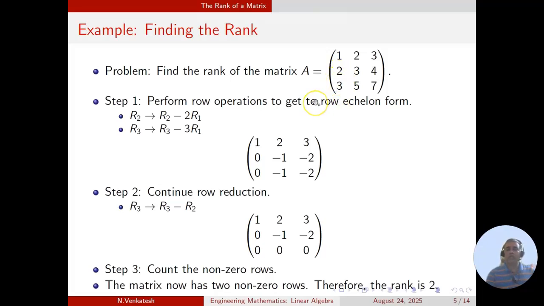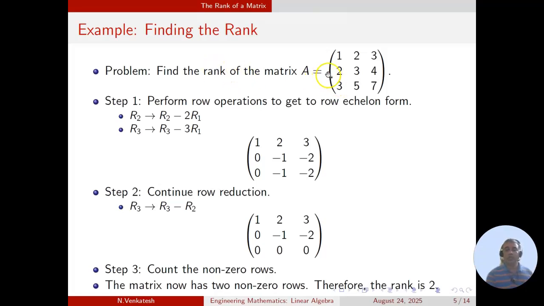To do that, we are allowed to perform some elementary row operations: swapping of two rows, adding multiples of one row to another, and multiplication by a scalar factor. Those are the allowed elementary row operations.